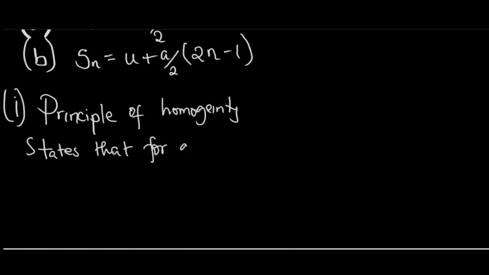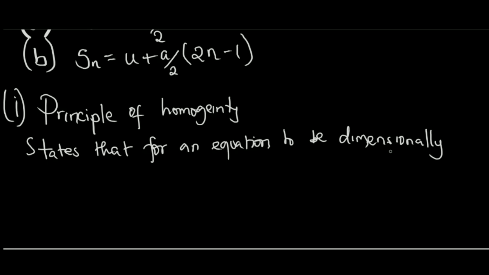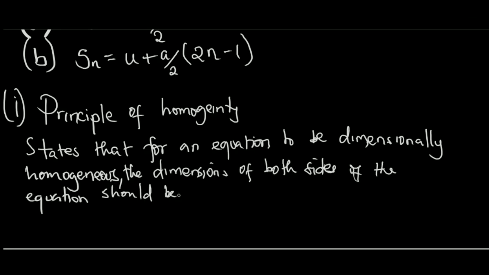for an equation dimensionally correct or homogeneous, the dimensions of both sides of the equation should be the same. So the two sides of the equation should be the same dimensionally. So if this holds, it then means that our equation is dimensionally homogeneous, or rather dimensionally correct.